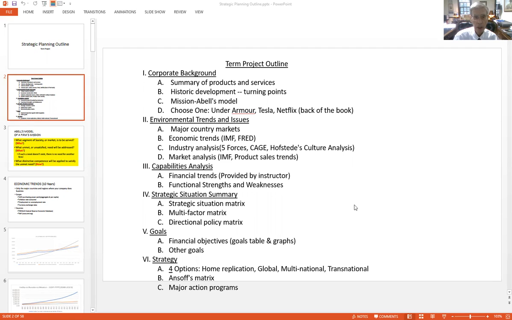The second section of the plan is the first part where we have to do some research and some basic fact gathering. And it's about the external environment. What are the markets that the company serves?